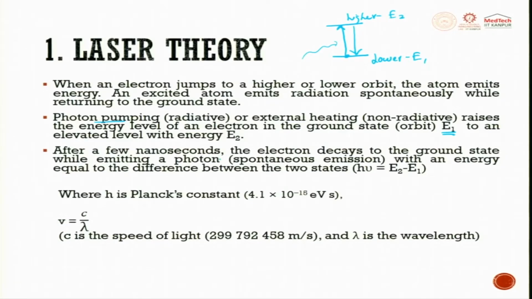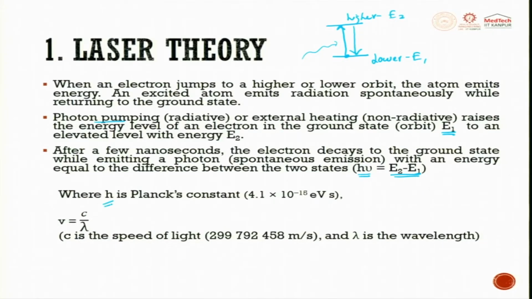After a few nanoseconds, the electron decays to the ground state while emitting a photon spontaneously. That is why it is called spontaneous emission, with an energy equivalent to the difference between the two states: h nu is equal to E2 minus E1.